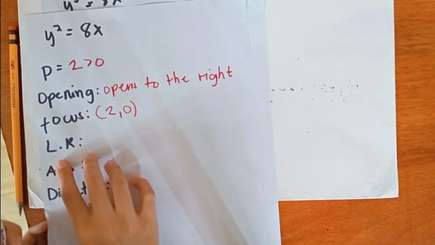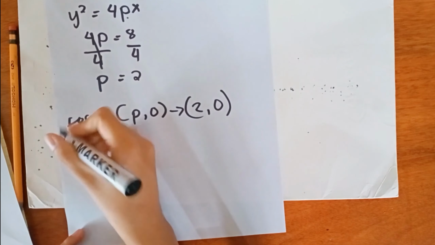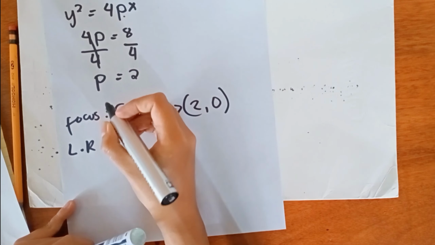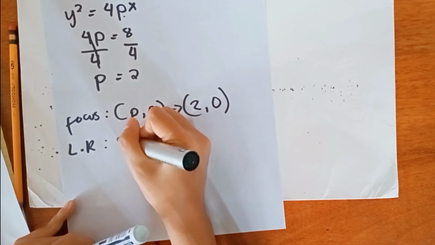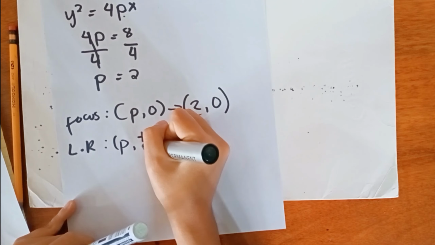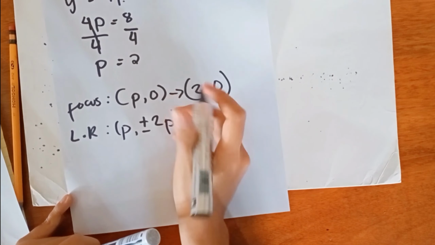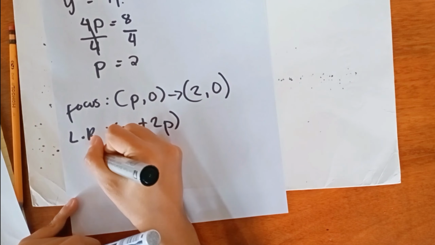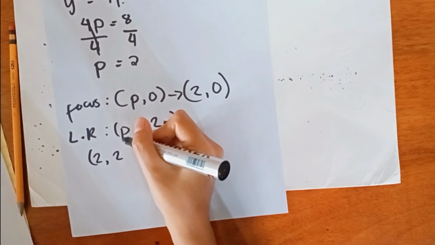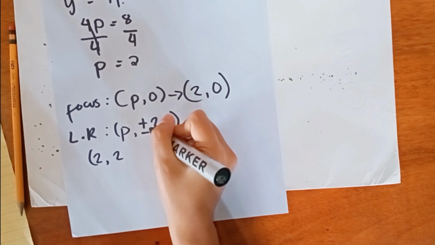Next is the latus rectum. The endpoints for our latus rectum are (p, plus or minus 2p). For our first endpoint, p is 2, and 2p is 2 times 2, which is 4.